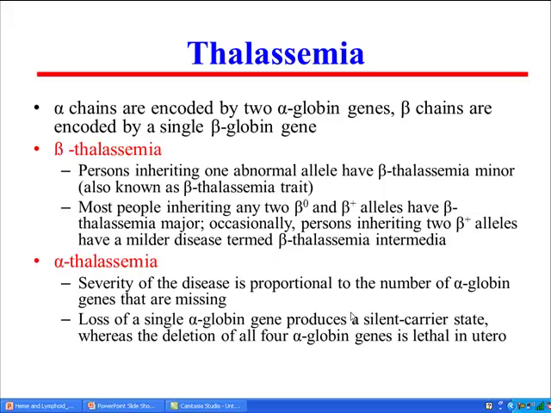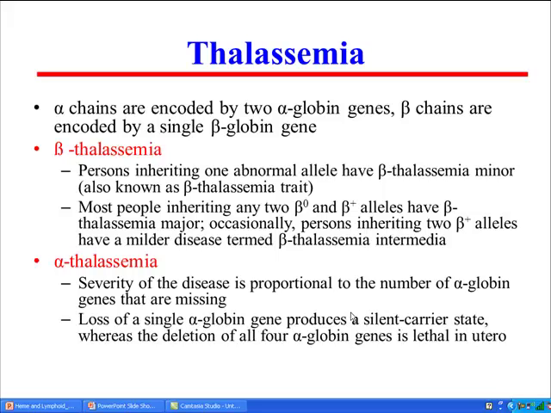Beta 0 means that there are no beta globin chains produced at all, whereas beta plus means there is production of beta globin, except it's reduced but still detectable. So if you have any combination of these alleles, then they're going to have beta thalassemia major. But occasionally a person could inherit two beta plus alleles and have a milder disease called beta thalassemia intermedia.